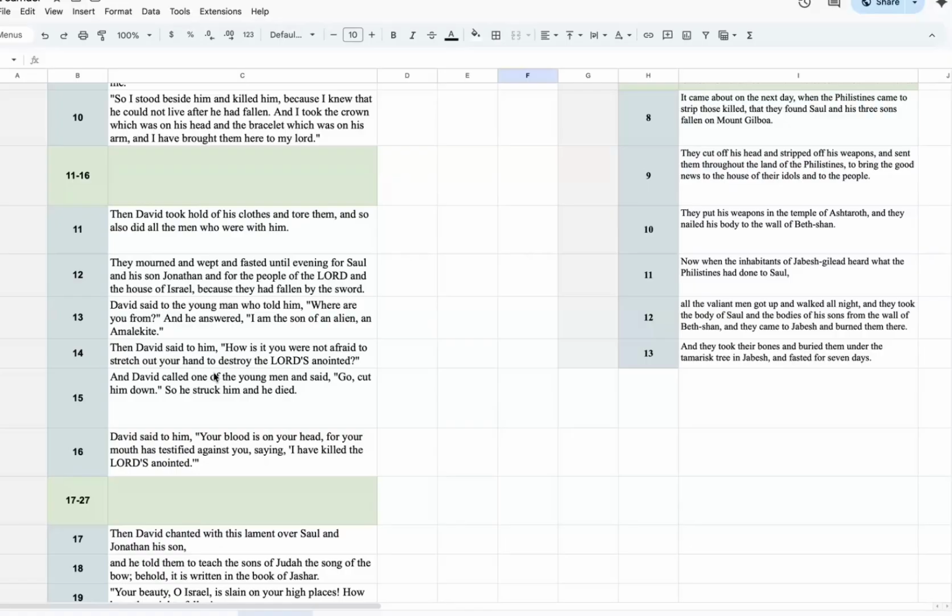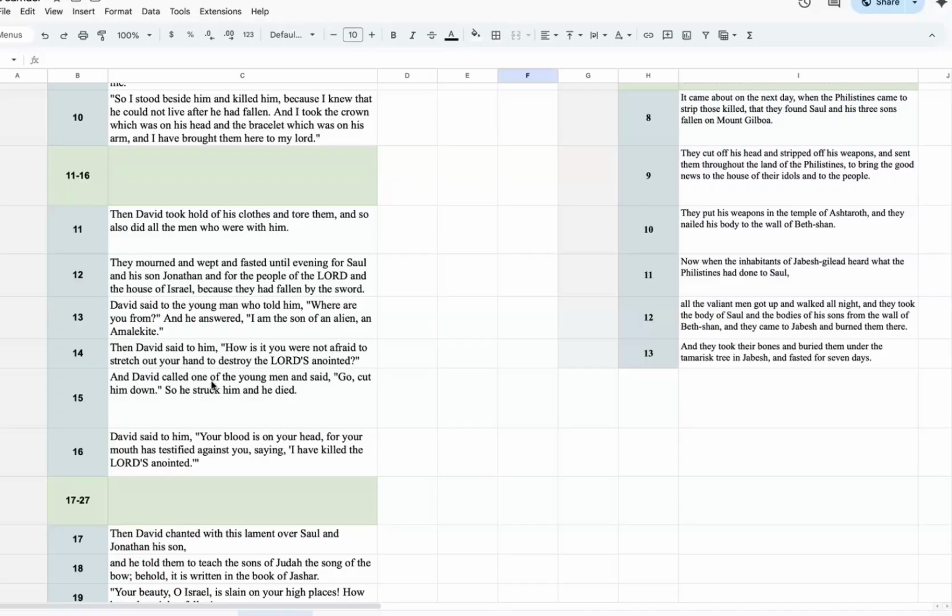But you could just have he had the Amalekite killed. I kind of tend to get long with mine, but plain is the main thing.